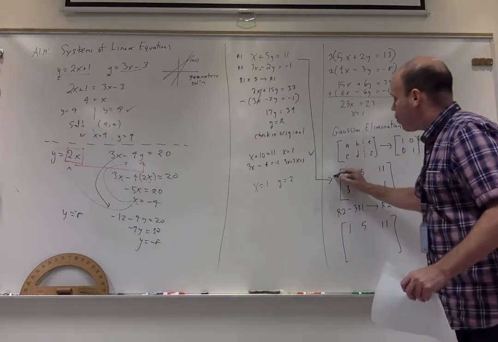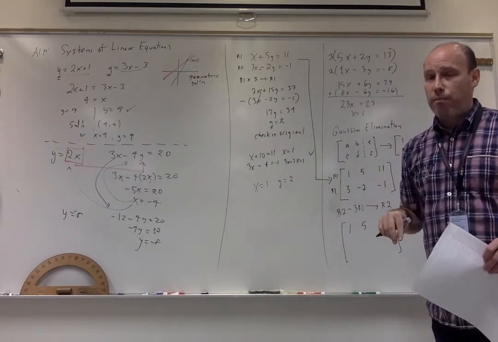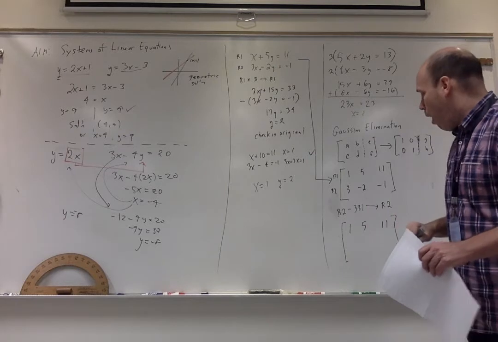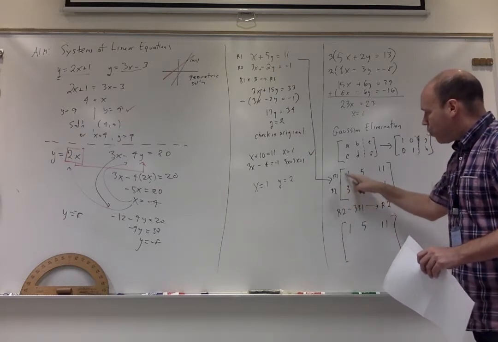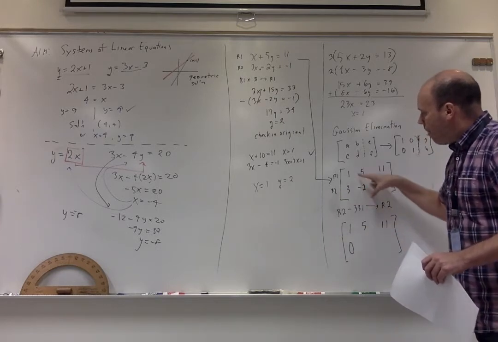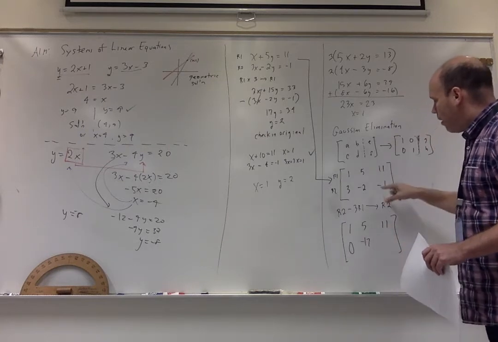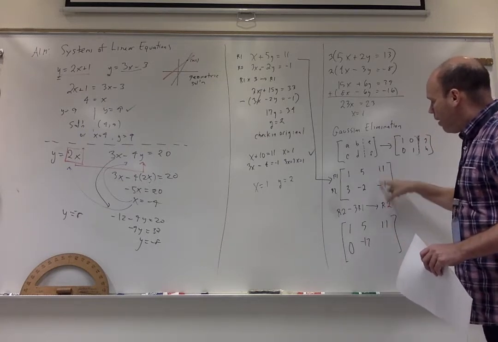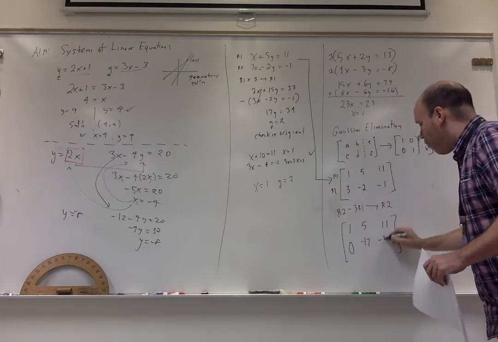This is row 1, this is row 2, and there's going to be a row 3. Well, what do I do to row 2? 3 minus 3 is 0. -2 minus 15 is -17. -1 minus 33 is -34.